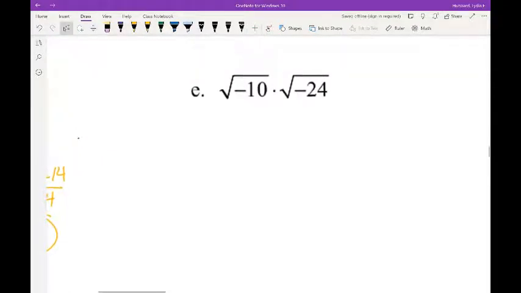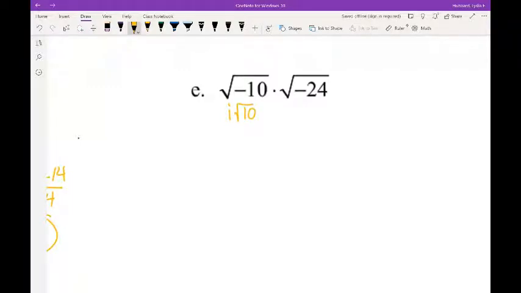Okay. Now, when we have something like this, it is really important that we take out i's first, because if we went ahead and multiplied these together, we'd lose a part of our solution. So radical negative 10, I can turn that into i radical 10.